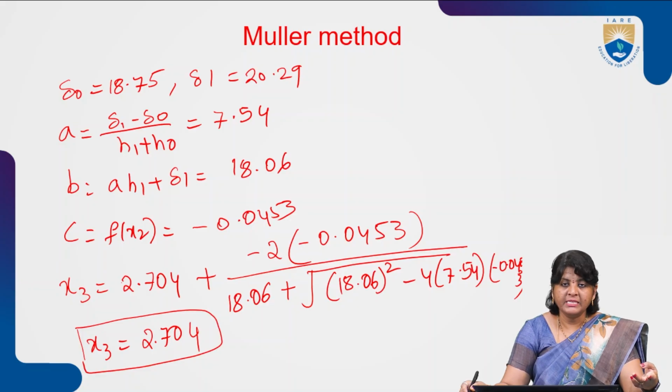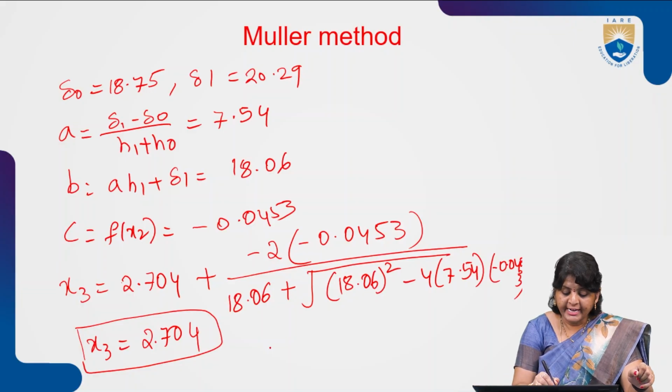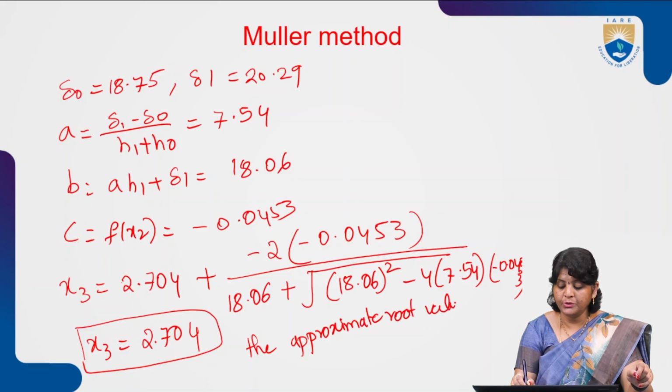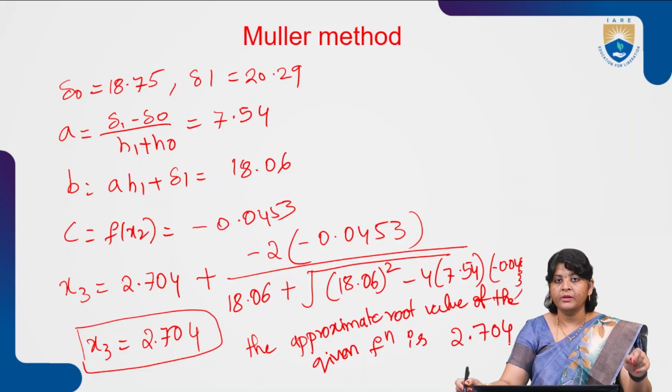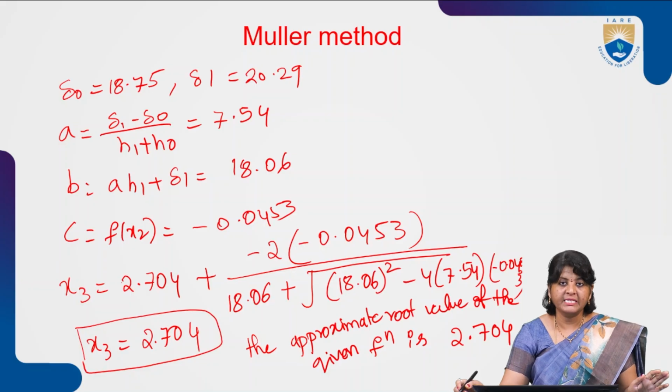So we can conclude that the final approximate root value of the given function is 2.704, because here we have taken only up to 3 decimals.